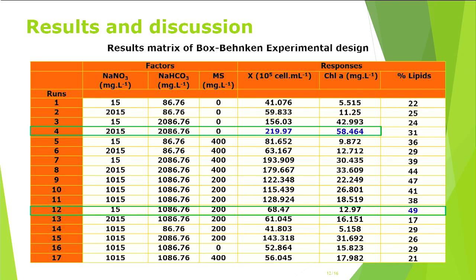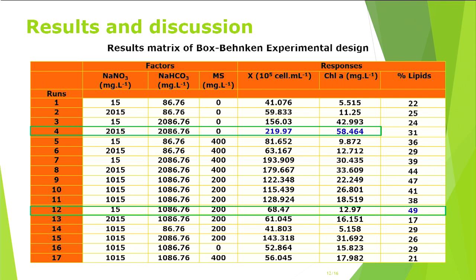After 20 days, we analyzed the biomass, the chlorophyll and the lipids, and we observed that some experiments give us better biomass growth and lipids. It depends. Especially when we have a high level of carbon and nitrogen, we produce biomass. But when we have limited carbon and nitrogen, we can have a higher content in lipids.